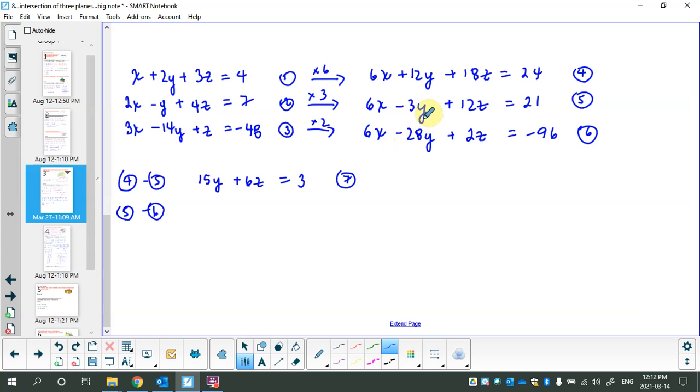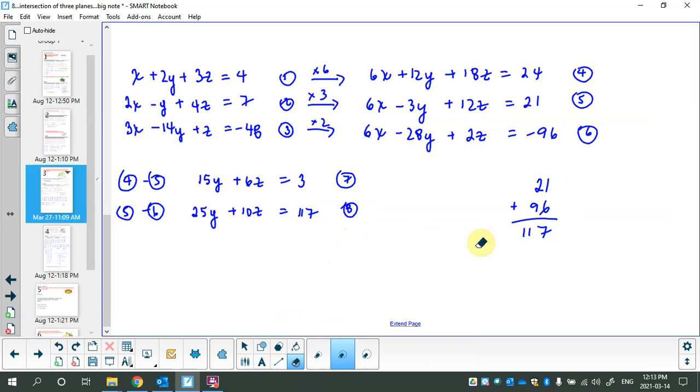Negative 3y, subtract negative 28y, is 25y. 12z minus 2z is 10z equals 21 minus negative 96, is 117. So you do get some pretty nasty numbers. That doesn't mean you're doing it wrong. That just means there's nasty numbers.